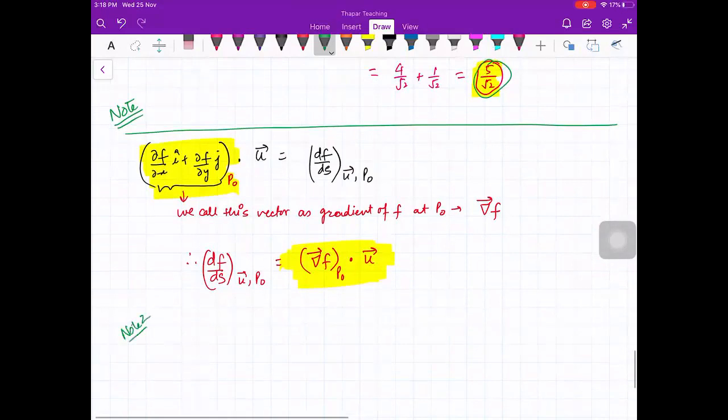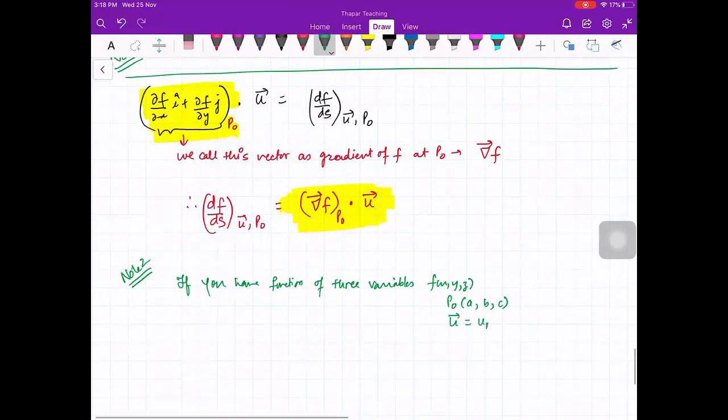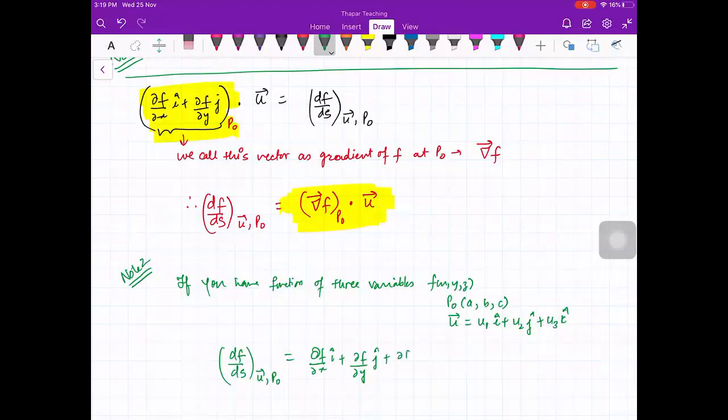And note 2 is, if you have a function of 3 variables x, y, z, and you are standing at a point p₀ which is (a, b, c), and you have to compute the derivative along a unit vector u₁ i plus u₂ j plus u₃ k, then again the formula will be the same. df/ds along u at p₀ is equal to ∂f/∂x i plus ∂f/∂y j plus ∂f/∂z k, dot product with your u vector.